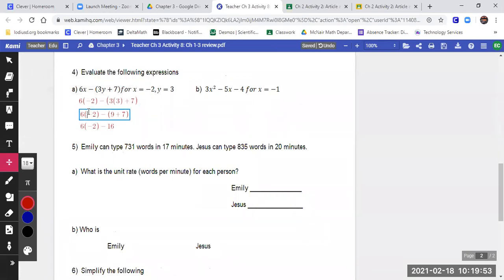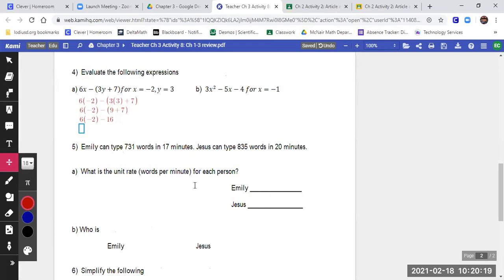What's the next step of order of operations? Exponents. Do you see exponents? Do we see any exponents in our question? No. So then we move on to the multiply or divide, depending on what you see from left to right. I see a multiply.